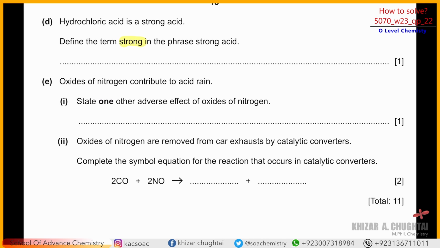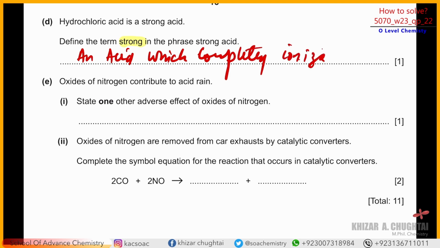Strong means the acid which completely ionizes in water.